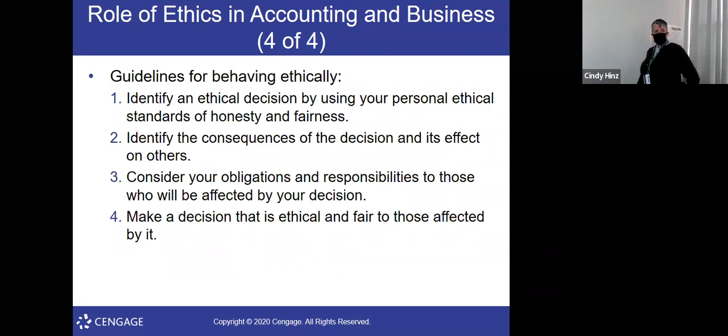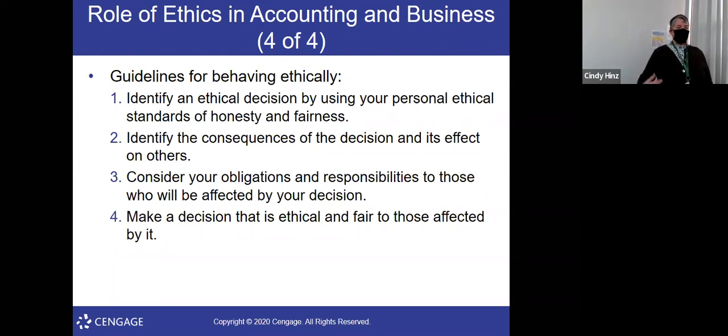So it is important that we are ethical, and you can see on the screen a few different guidelines for behaving ethically. The accounting profession has ethical standards that are publicly available, and you're welcome to look at those. I think the IMA, the Institute of Management Accountants, theirs might even be in our book in a later chapter.